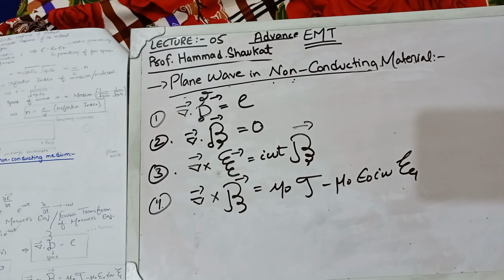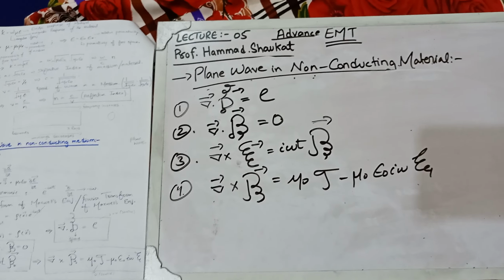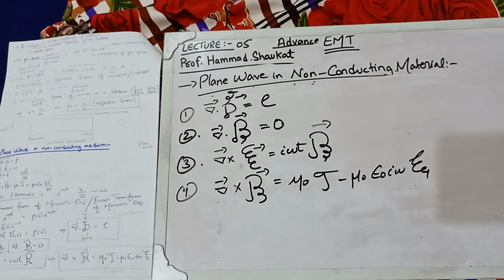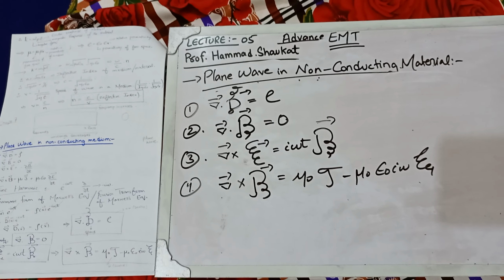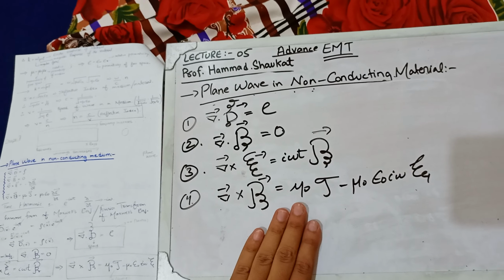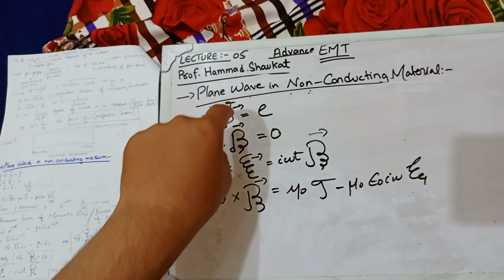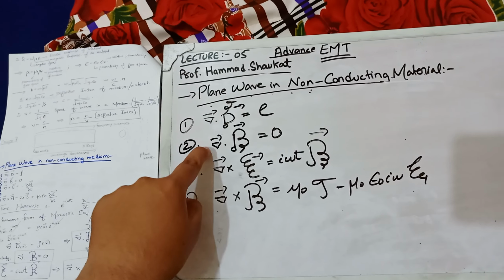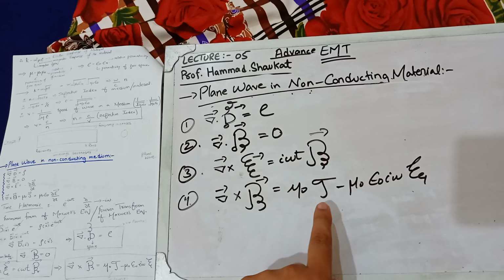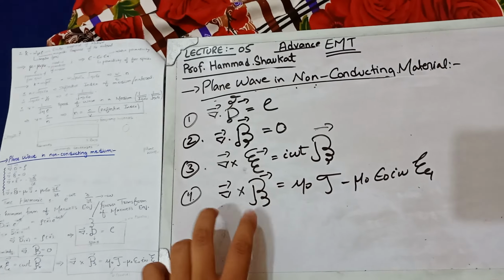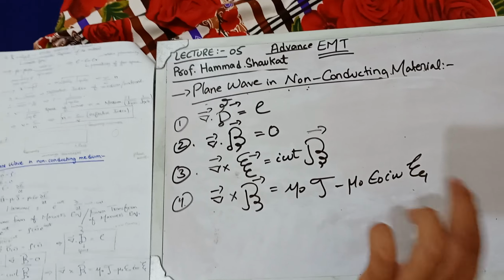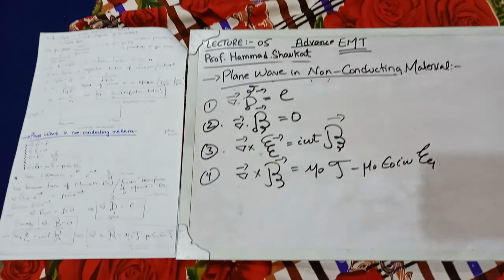J equal to 0 means this term becomes 0, and only this term equals minus mu naught times the other term. So these are the new things.